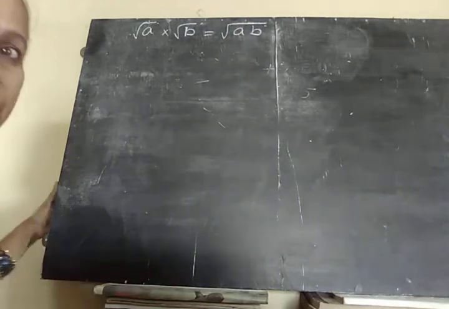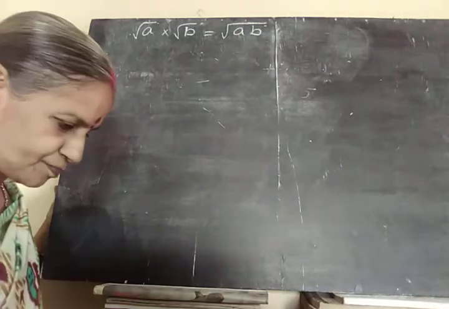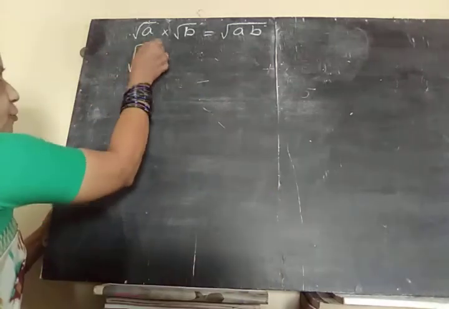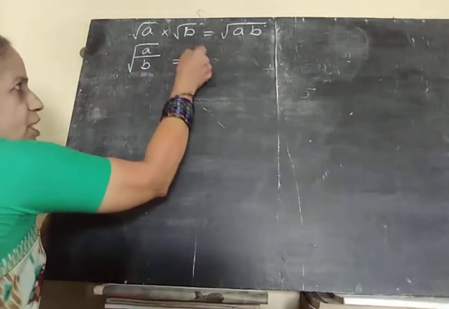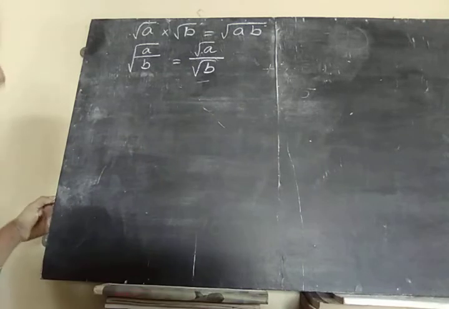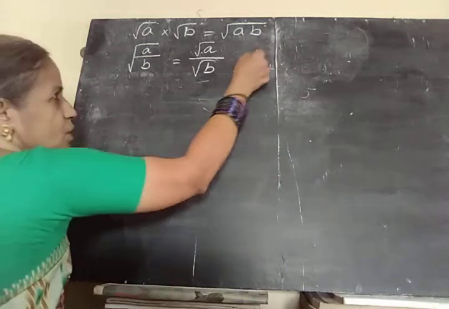Okay, root A into root B becomes root of AB. And root of A by B, how can you write? You can split as root A by root B. Okay, root A by root B. Here B is not equal to 0.